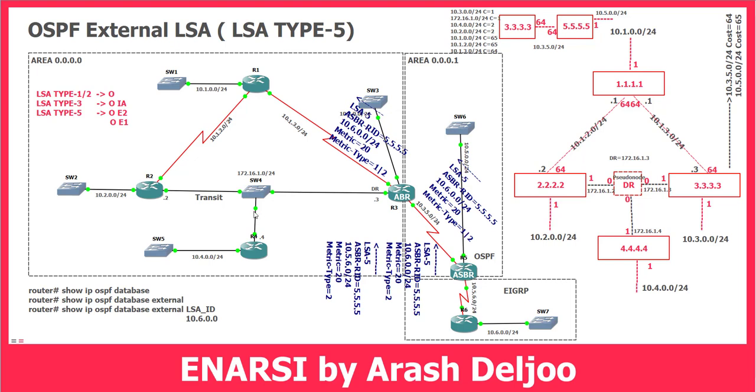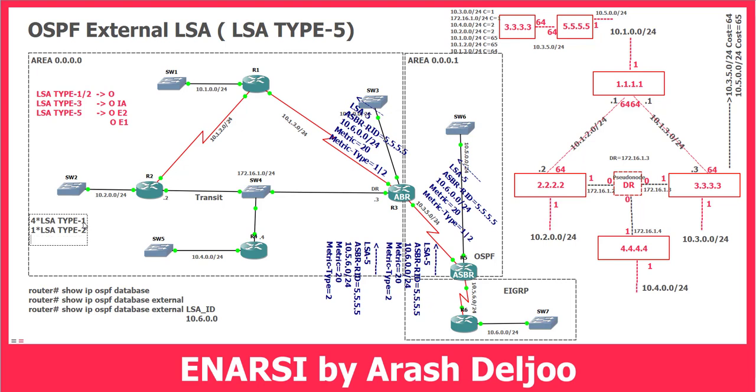Let me review some of the important topics that we have learned until now. Look at here. In area 0, we have 4 routers. Because of that, we should have 4 LSA type 1. After that, because we have 1 transit network, we should have 1 LSA type 2, and that's it.